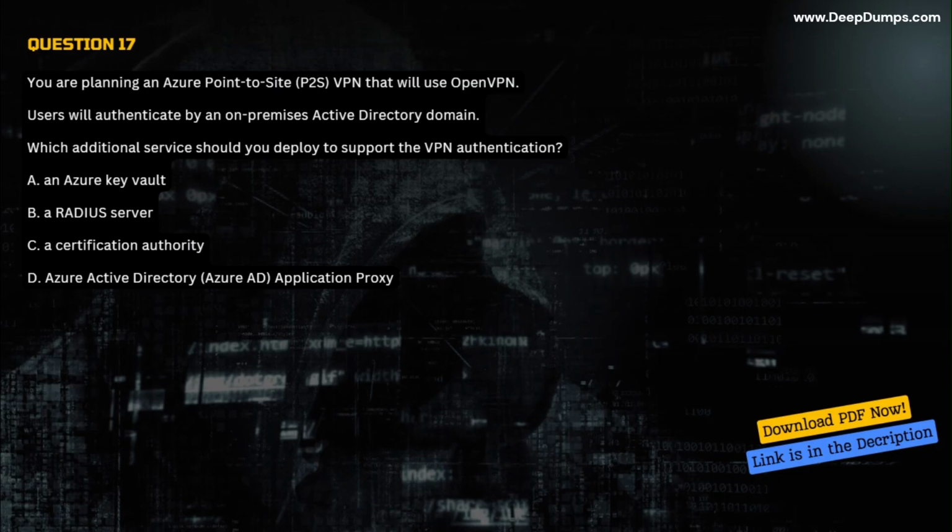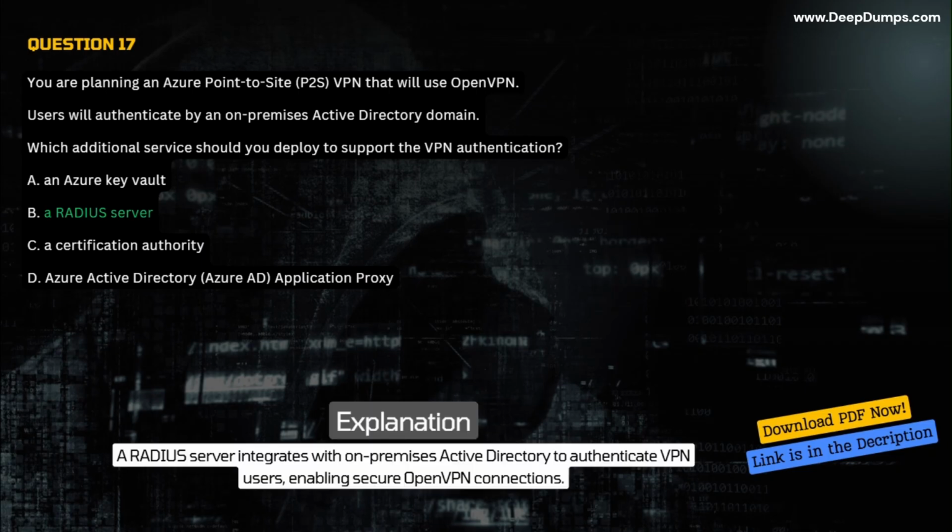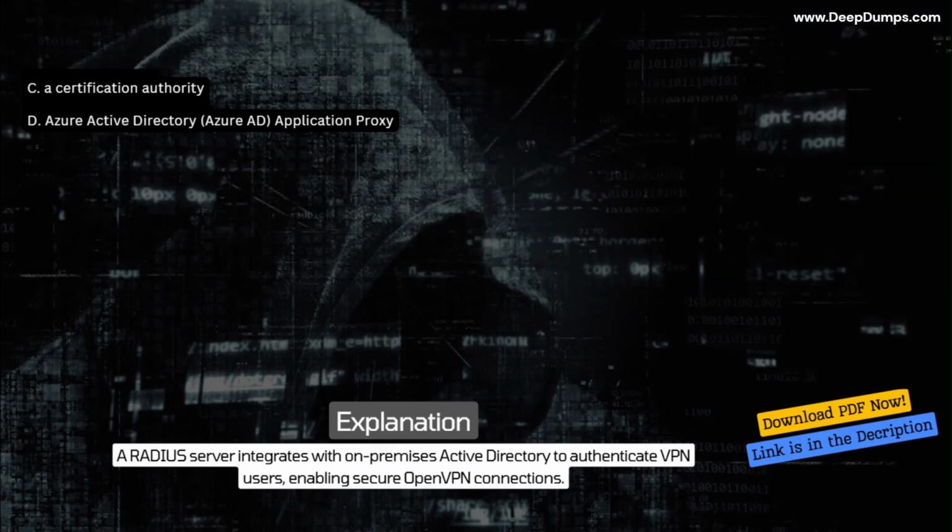C. A certification authority. D. Azure Active Directory, Azure AD, application proxy. Correct answer: B. A Radius server. Explanation: A Radius server integrates with on-premises Active Directory to authenticate VPN users, enabling secure OpenVPN connections.